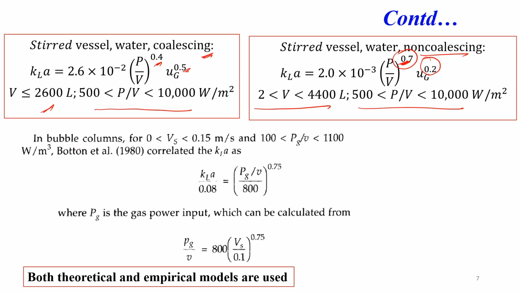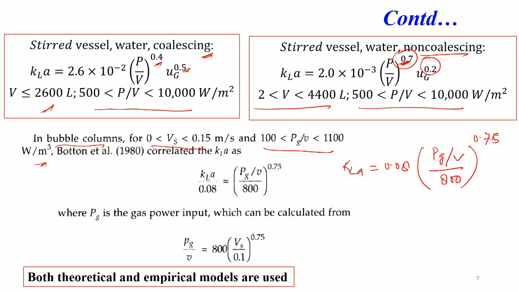Similarly, for bubble column, for superficial velocity in the range of 0 to 0.15 meter per second and Pg/V in the range of 10 to 1100 watt per meter cube, there is a correlation. It says kLa equals 0.08 (Pg/V divided by 800) to the power 0.75.